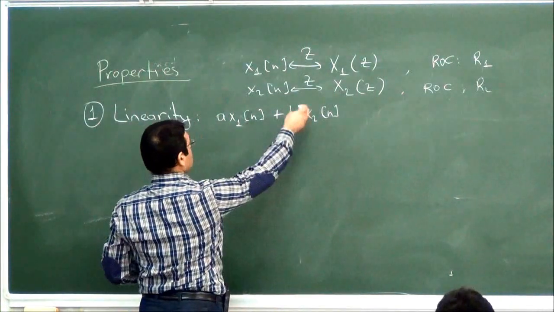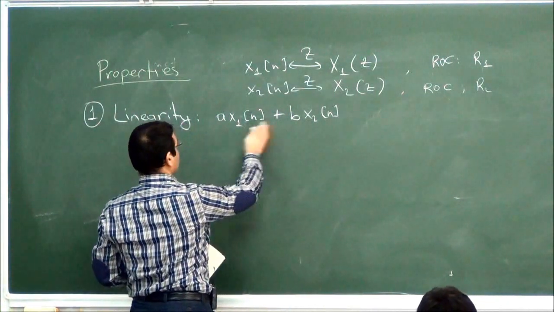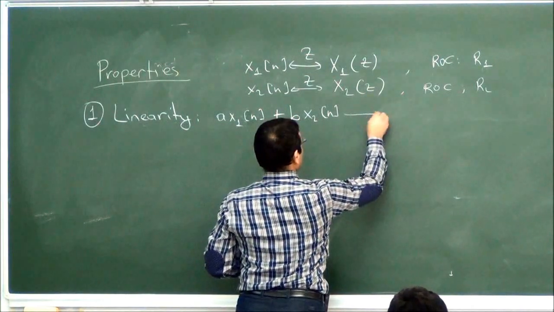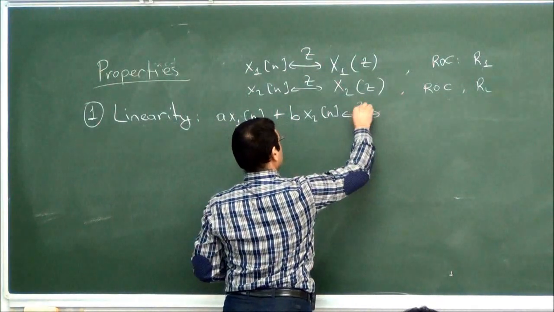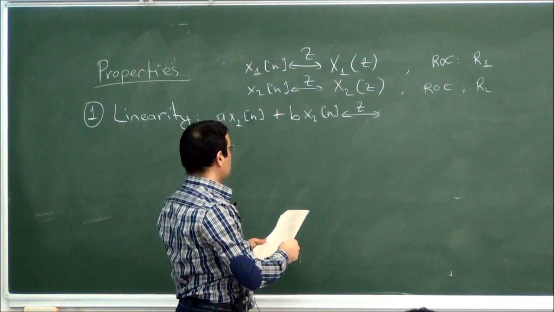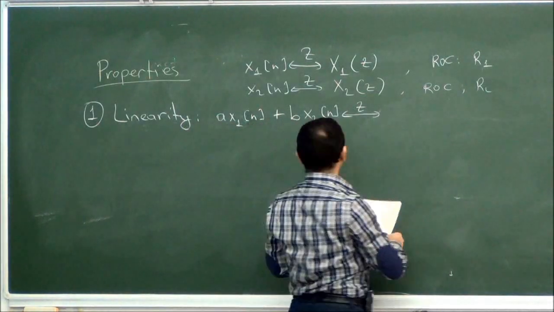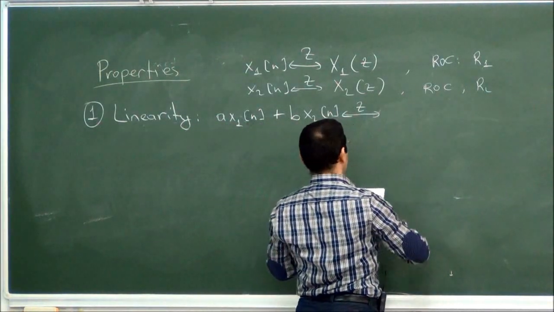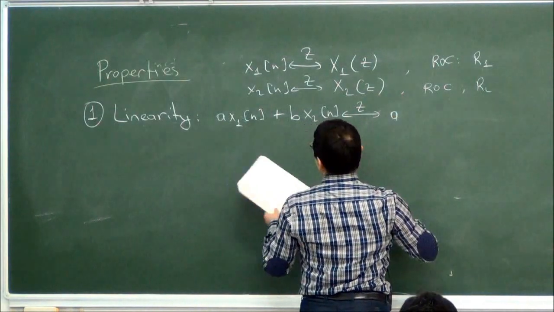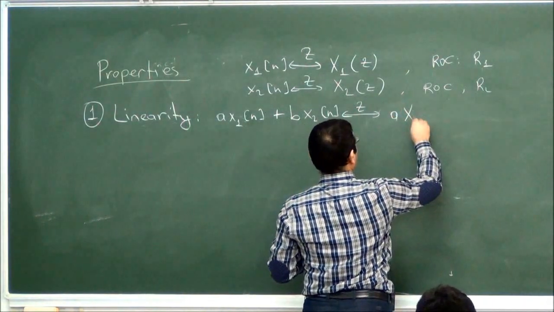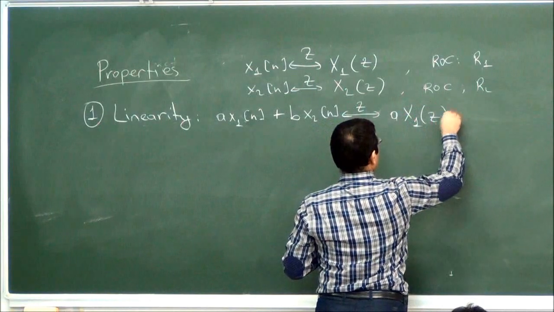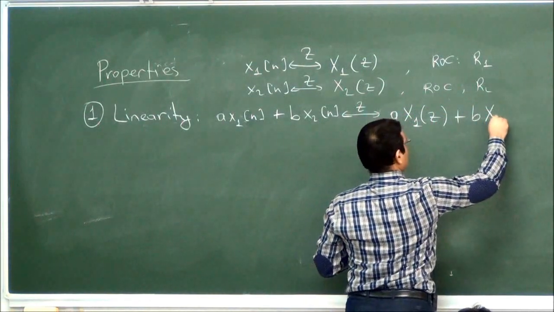If you add these two terms and scale these sequences, and take the Z transform of this scaled and summed sequence, since this is a linear transformation, it is simply a times X1(z) plus b times X2(z).